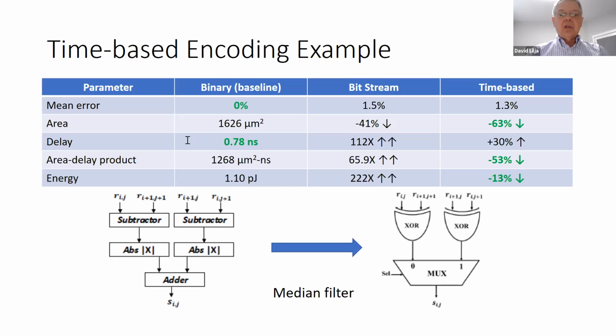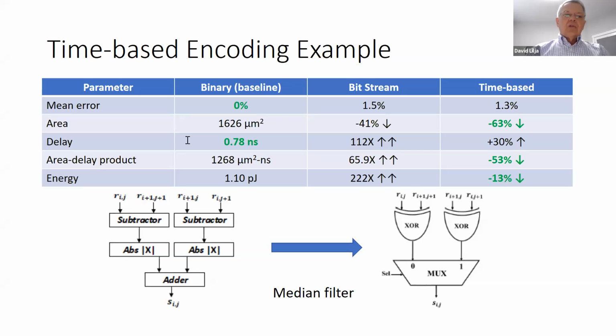The delay goes up by about 30%, but the area delay product goes down an average of about 53%. And interestingly, the energy goes down by about 13% as well. So this time-based encoding is a way to take advantage of all the advantages I get from the stochastic implementation of the bit streams, and reduce the cost by getting rid of that 2 to the m latency.